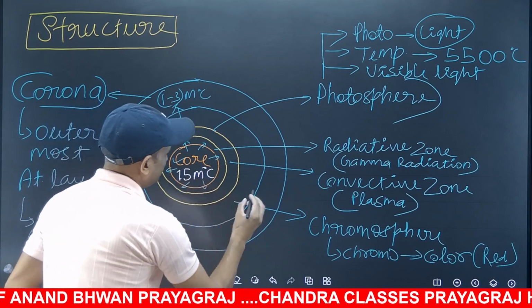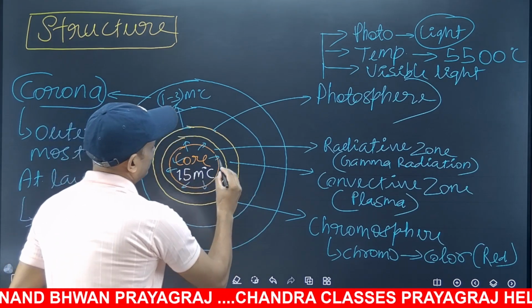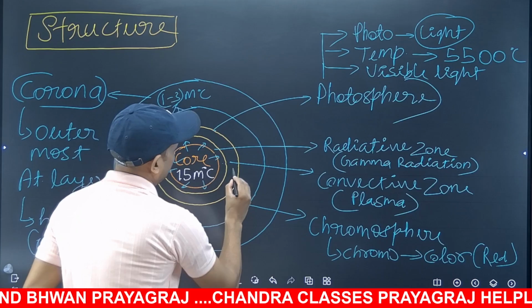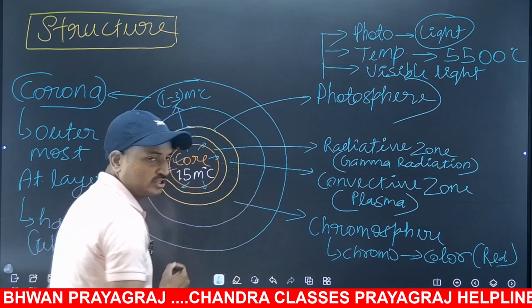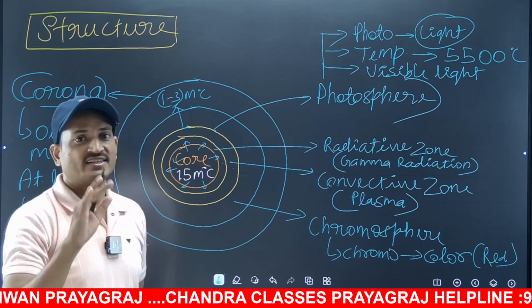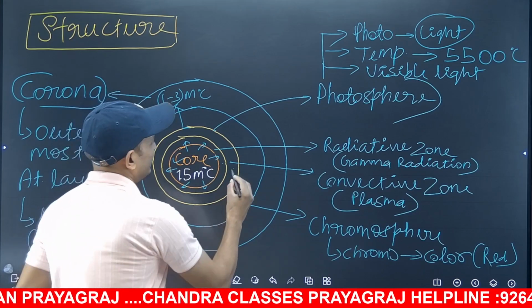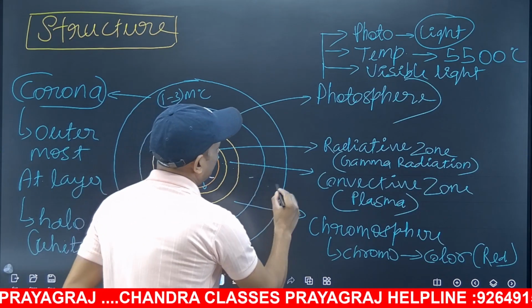So just to revise once: core, then radiative zone, then convective zone, then photosphere. Photosphere is very important, that is the surface of the sun. Then we have chromosphere, then corona.